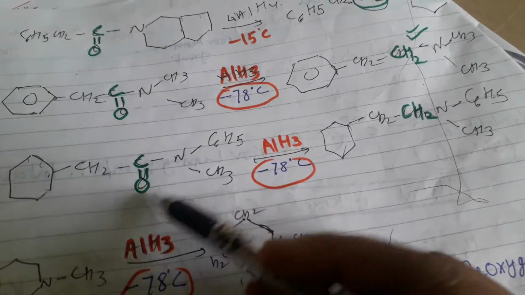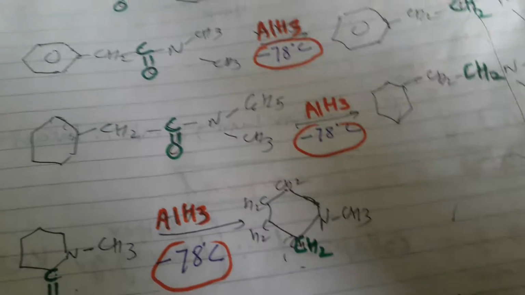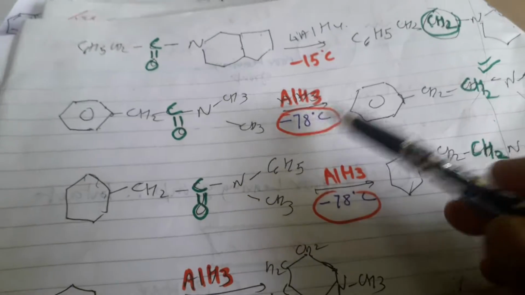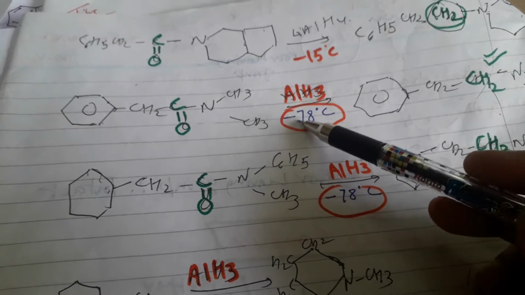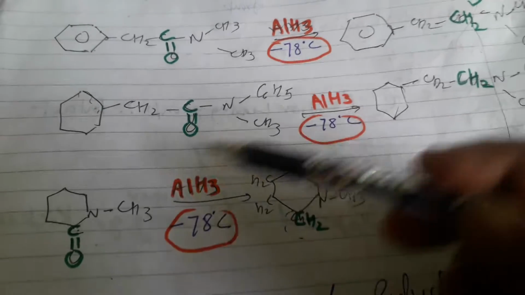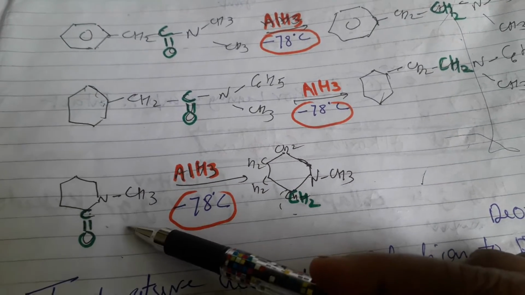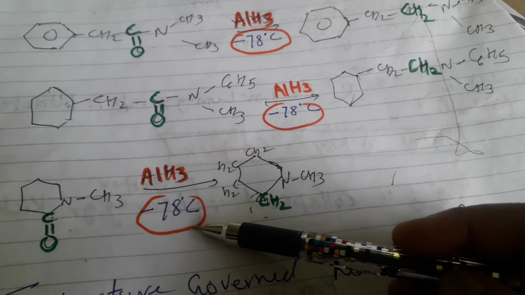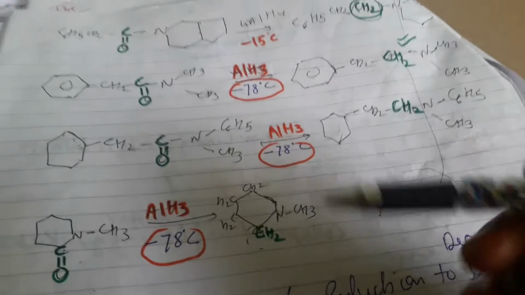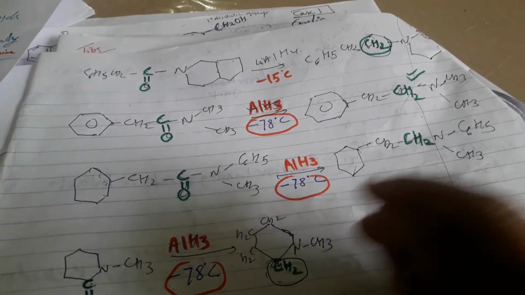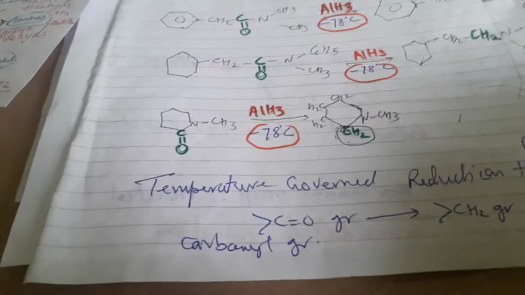That's it. No need to worry, no need to mug it up. You only have to remember the temperature as well as which reagent we are using. See here, we are taking this CON(CH3)2 at minus 78 degree C, giving CH2. So the carbonyl group is converted into a methylene group. This is called temperature governed reduction of amides.